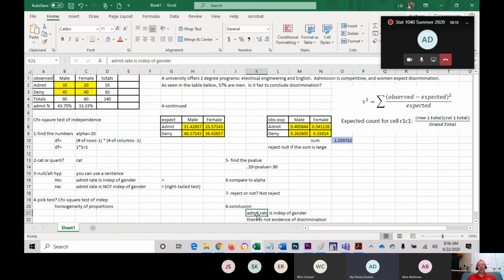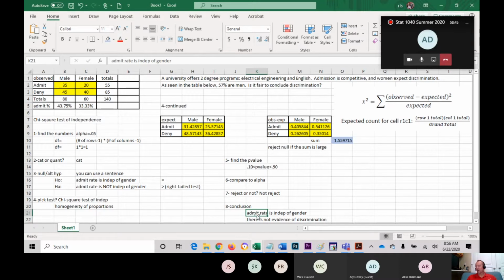Let's think about what could be going on here. Can you guys think of anything that might be going on? Why is this 10% not a significant difference? And let me tell you something. Although this is fake data, it was based on a true story.